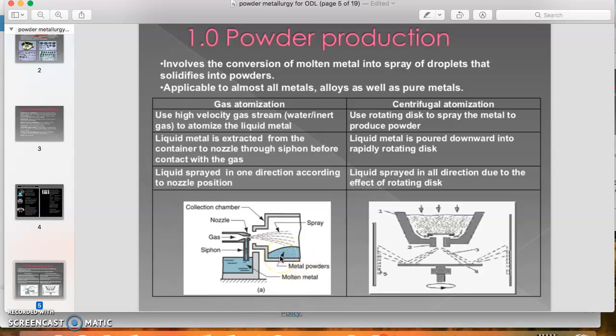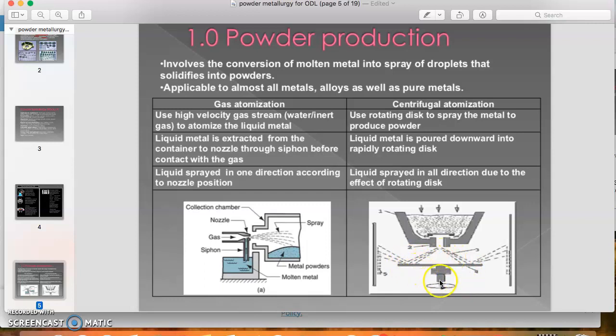Okay, for the centrifugal atomization, the molten metal is put in a container, and then there is a hole below the container. The molten metal will go down, and below the container, they have a cylindrical disc or rotating disc.